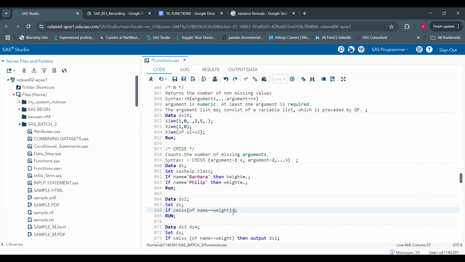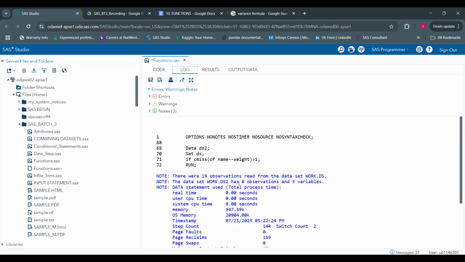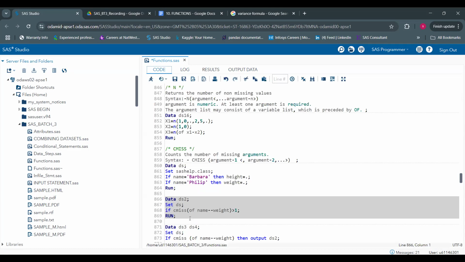For example, you do it this way. See what happens. See, zero records. Why zero? Because the missing value is more than one.